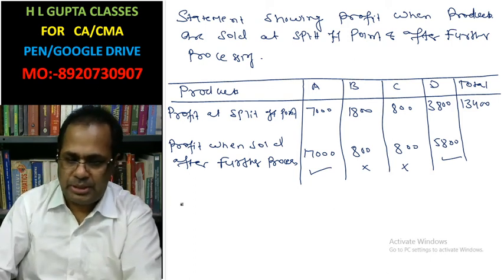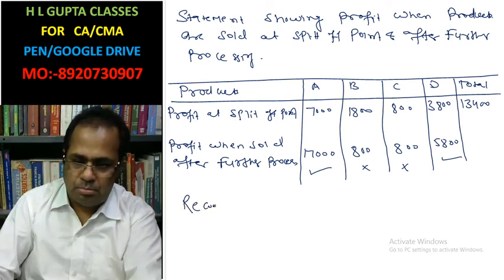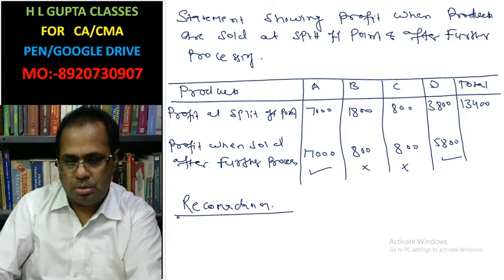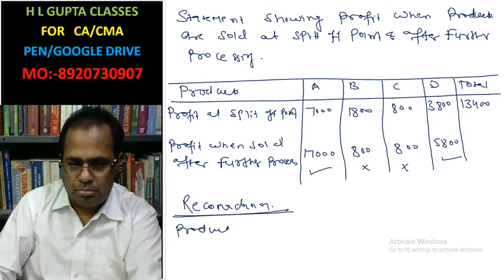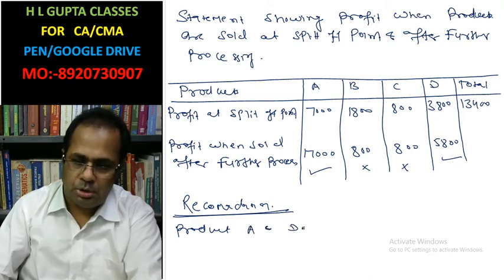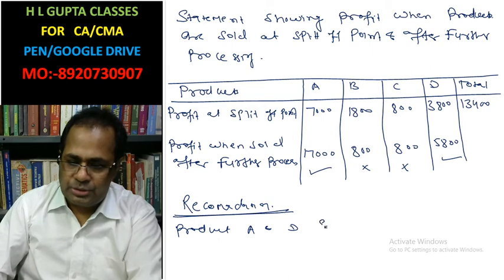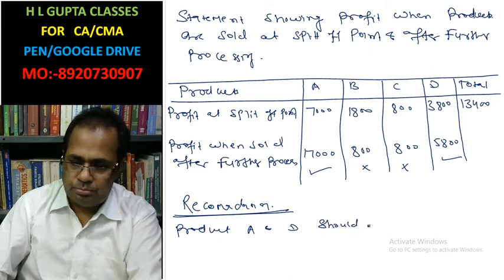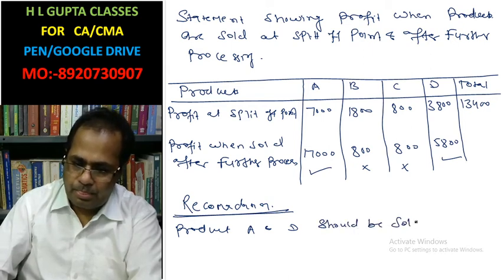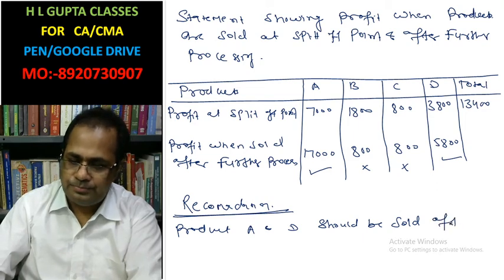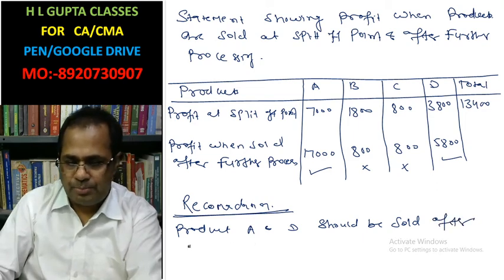What is the recommendation? Products A and D should be sold after further processing.